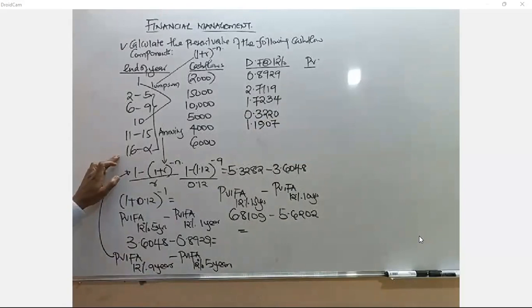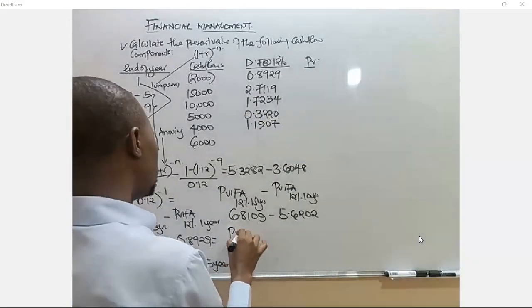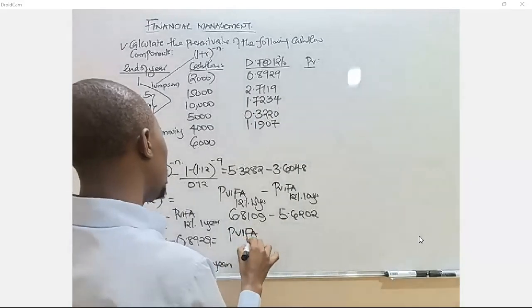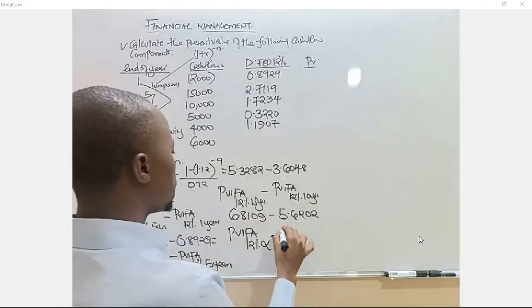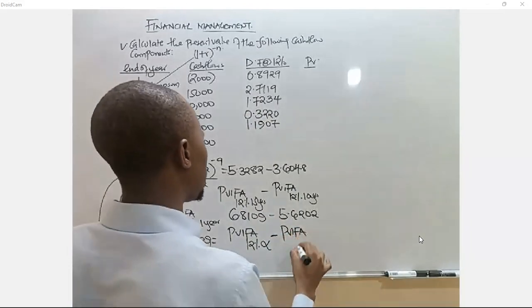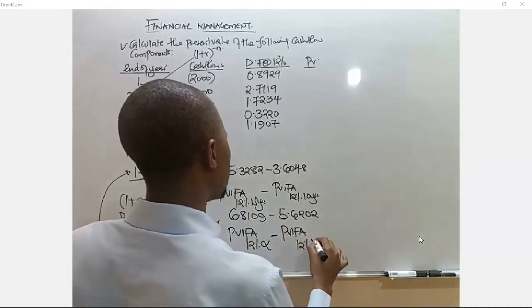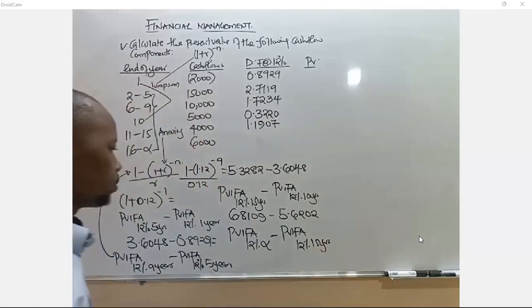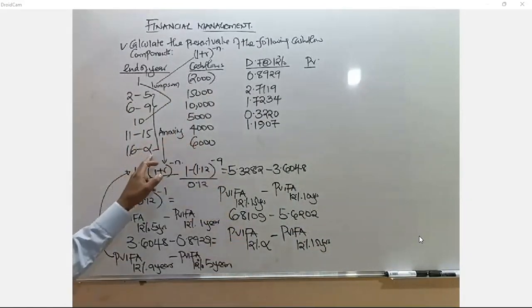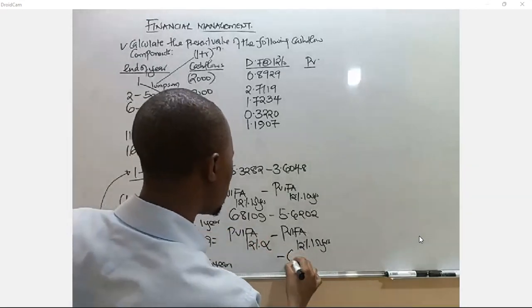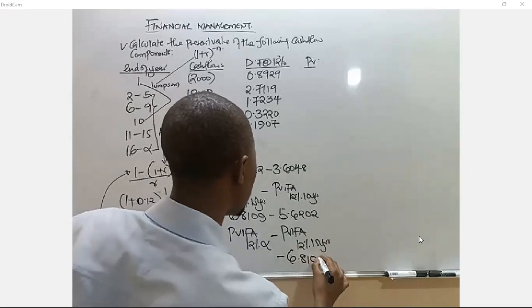What about the last one now? I should say, let me get the present value interest factor annuity, 12% to infinity, minus the present value interest factor, 12%, 15 years, because you need year 16 to infinity. So we have to subtract 15. In this case, we subtract 6.8109.